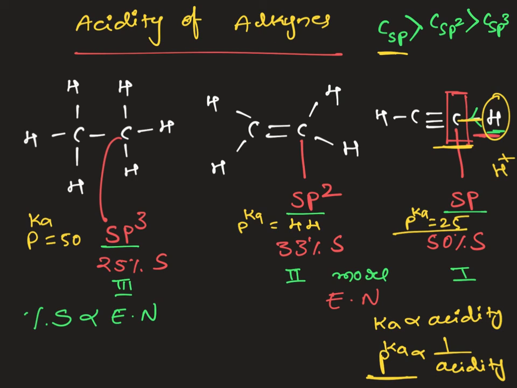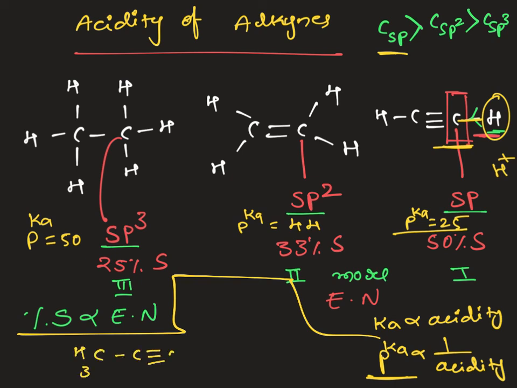For example, if I take 2-butyne, here we don't have any acetylenic hydrogen, because the triple bond is present in the middle of the system, and this cannot show acidic character. So acidity of alkynes is specific to terminal alkynes, and this is about the acidity of alkynes, why it has acidic nature compared with alkanes and alkenes.